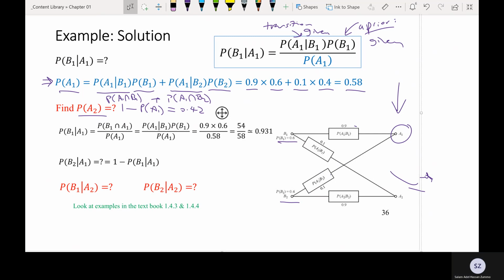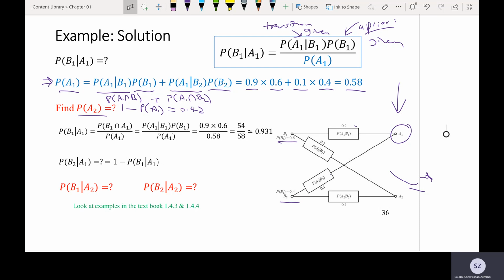So you are saying that the chance of B1 and A1 is the intersection, 0.9 times 0.6. Yes. This is the probability that you send B1 and you receive A1, with no condition here.